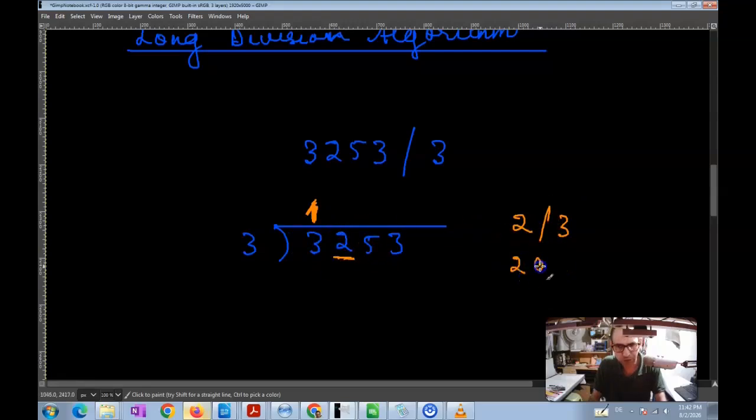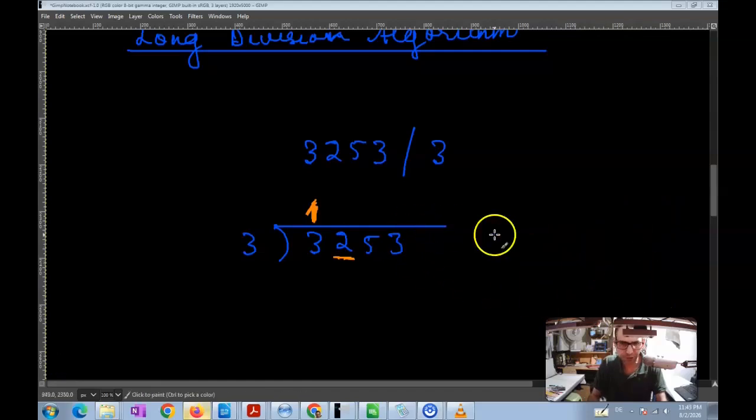So I have 200 divided by 3, right? And on top of this number, I can write either a 0 or a 1 or a 2 or a 3 all the way up to 9, right? Meaning that I cannot write, for example, an 11 over here or a 12 over here. So that's not possible, of course. I can write only a single digit on top of this number, right?